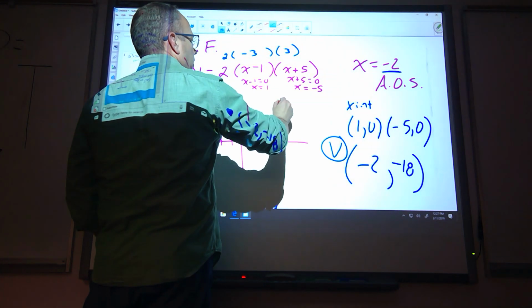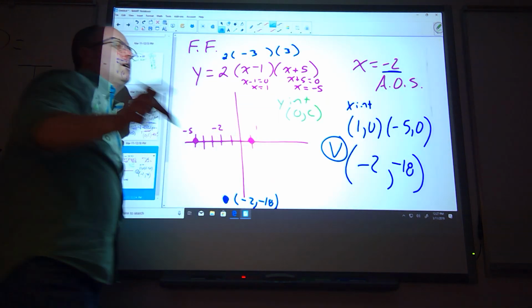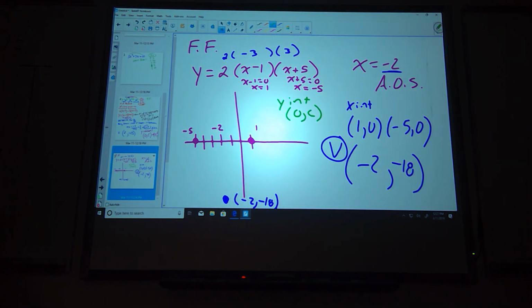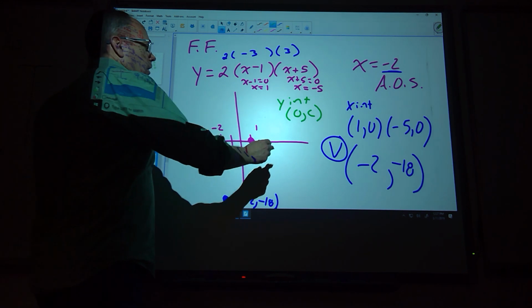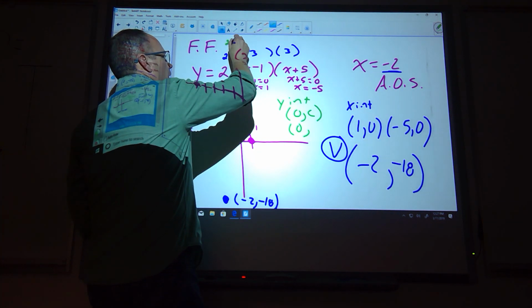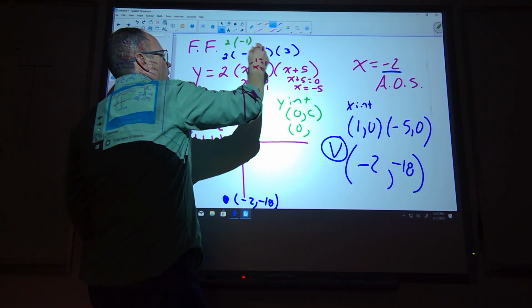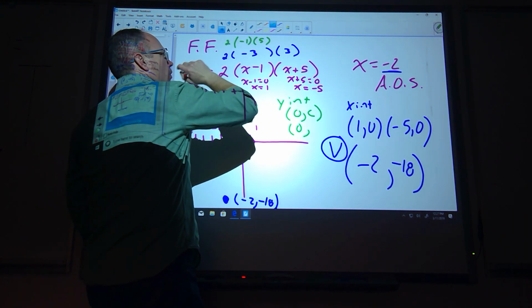Find the y-intercept. Well, the y-intercept is usually 0, c, but this is not in standard form. So what should I do to get my y component? Plug 0 into x. Originally I plugged negative 2 in, but I'm going to plug 0 in for x. So I have that 2, and then 0 minus 1 is negative 1. 0 plus 5 is 5. 2 times negative 1 is negative 2.